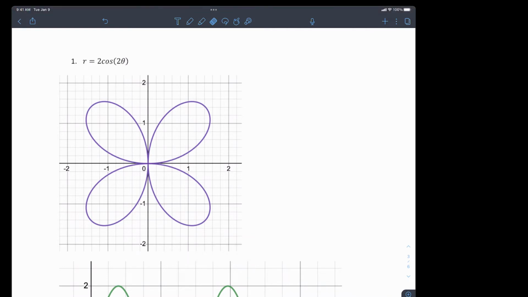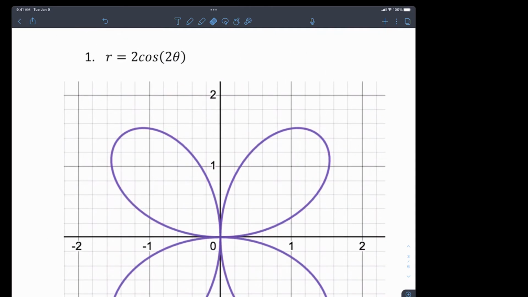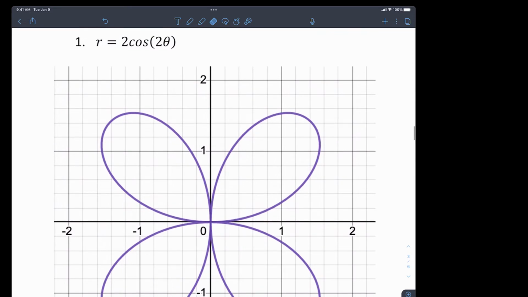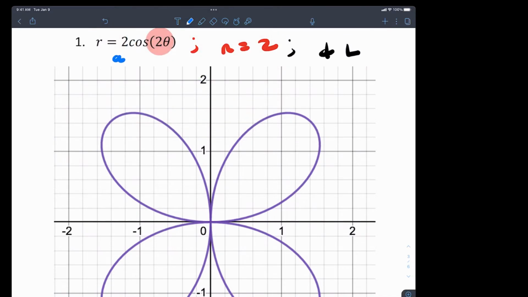Now, I did these a bit differently in the sense that I gave you the graph first. Notice n is 2. So when n is 2, it's an even number. You got 4 leaves. So this is what you're seeing here. And again, this is the a value over here. Are you okay with that?